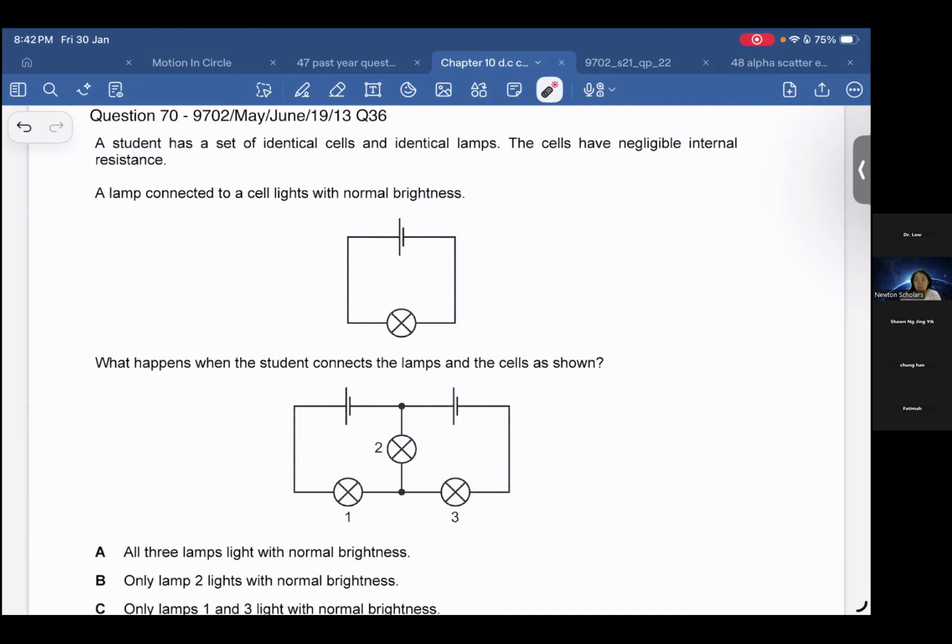Chonghan, let me have a look. Chonghan, no. Sean, yes. Sean, can you try to explain to me what is your idea? I want to see your idea.